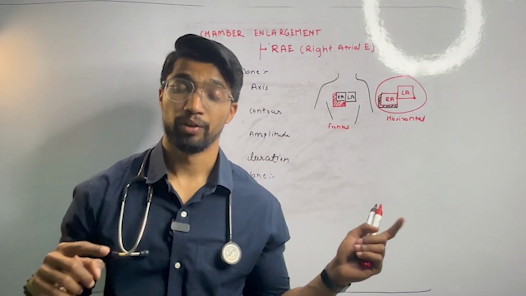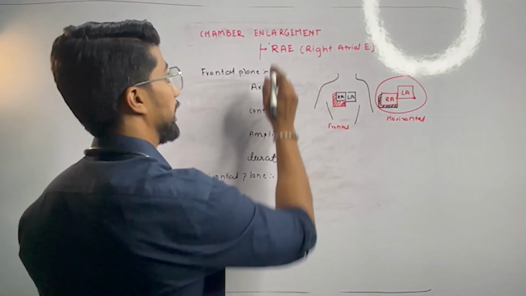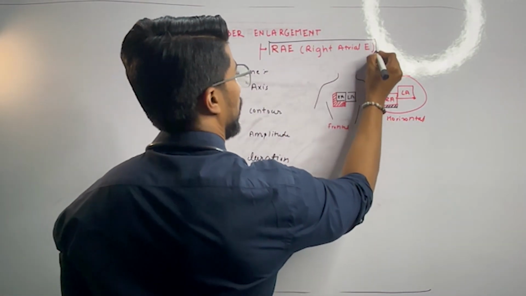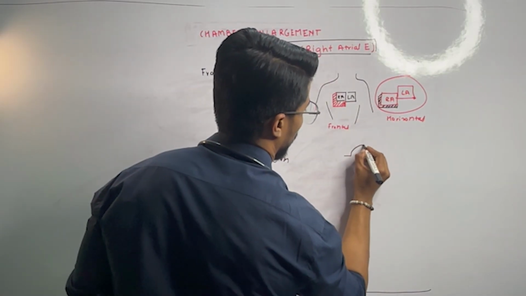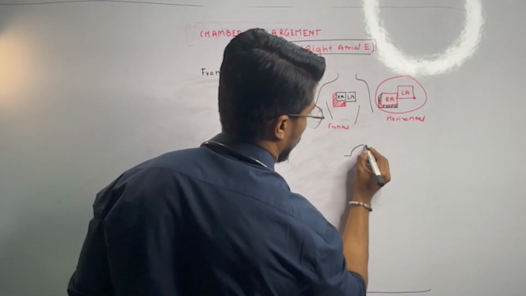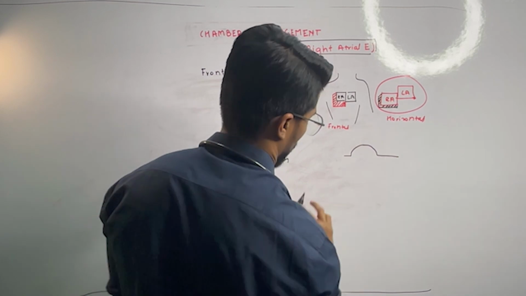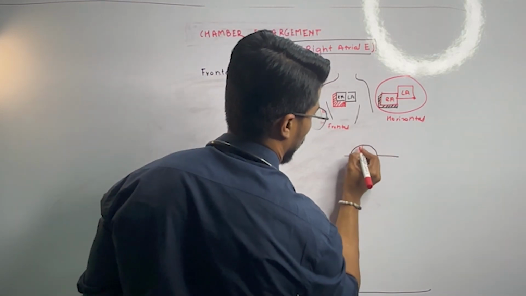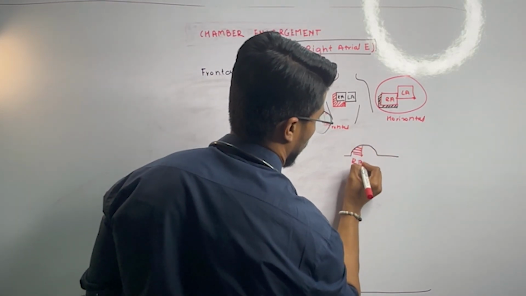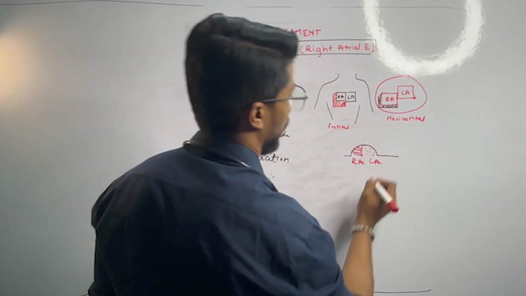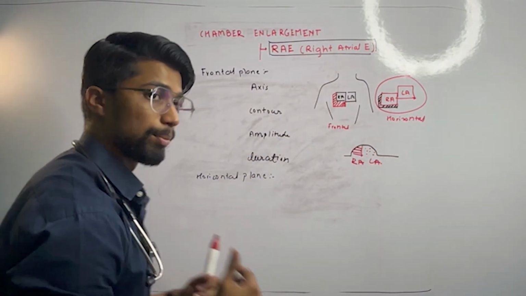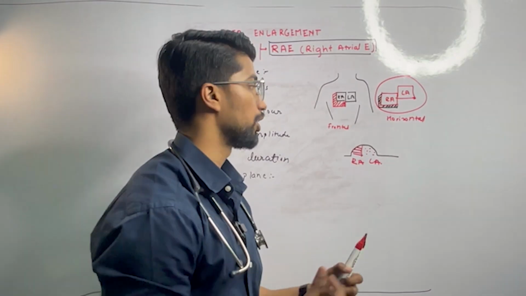In this chapter, we're going to discuss first the right atrial enlargement. In a normal P wave, the very first component is because of your right atrium, and the next component is because of your left atrium. So let's see what happens when the right atrium enlarges.